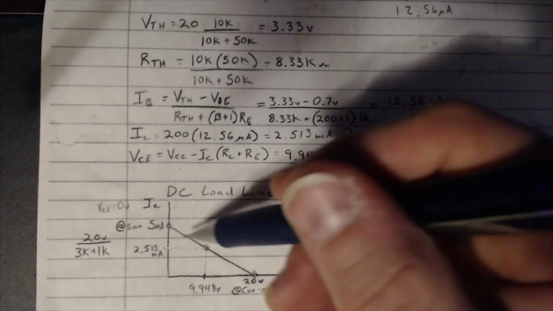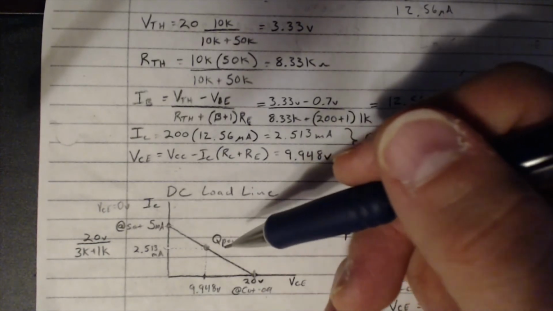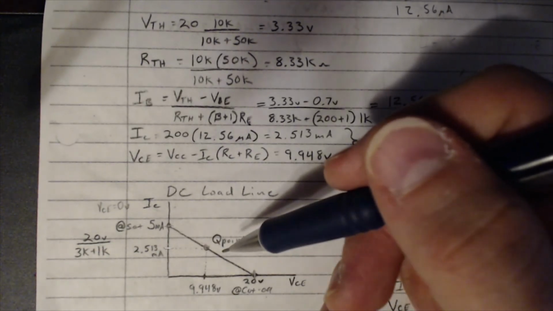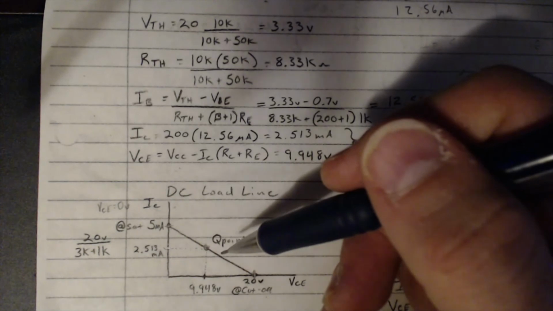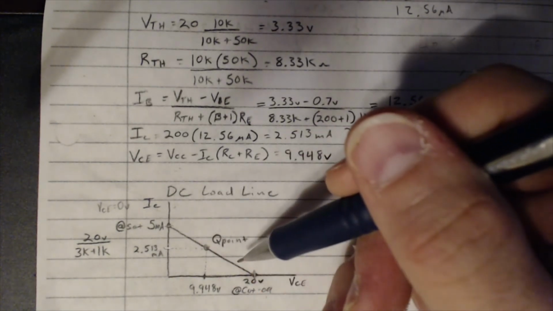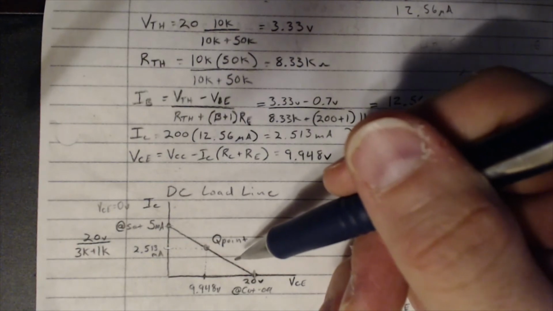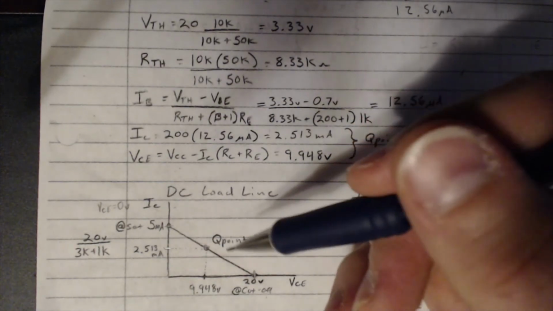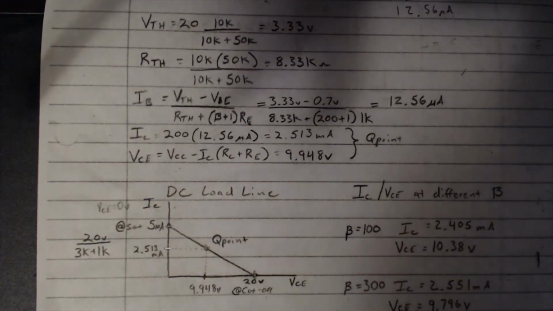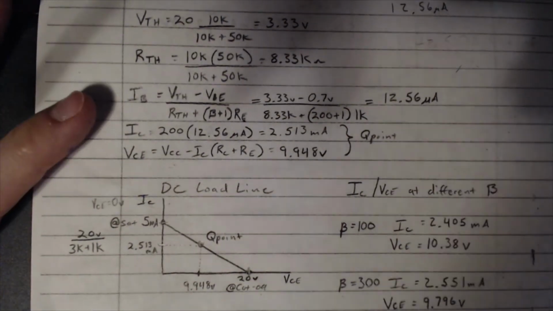And that's a tough situation to be in, because like I said, beta is going to change based off of temperature, humidity, different transistors in the same production line. I mean, you could look at the thing and beta is going to change on you. So having a circuit that can compensate for varying or changing betas is pretty useful for us.